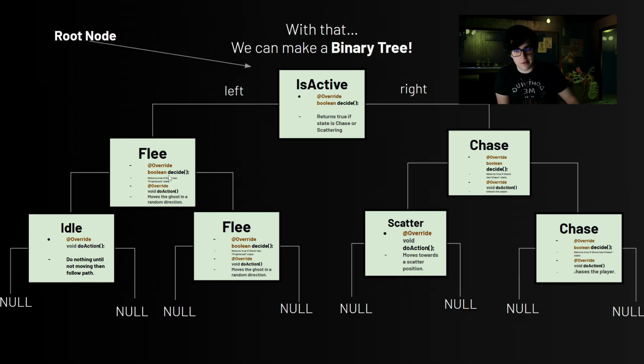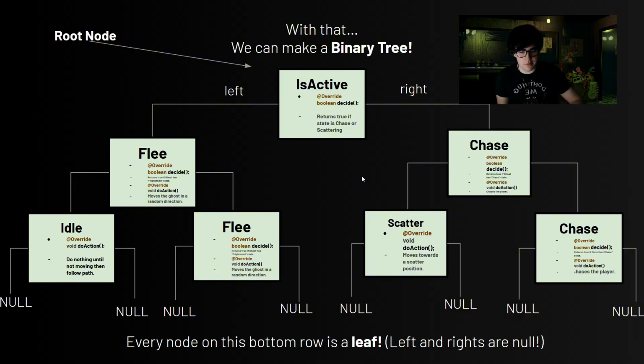But if this returns true, which means, I know it's hard to read, that the ghost has a frightened state, we go to the right subtree, and we get into the flee node again. But this flee is a leaf, so we'll execute do action. So that's what I mean when I say we're just grouping behavior for fewer files. We could have a different class here, but we're just reusing flee because we're overriding both. Okay, so now we could get into actually going through some examples here.